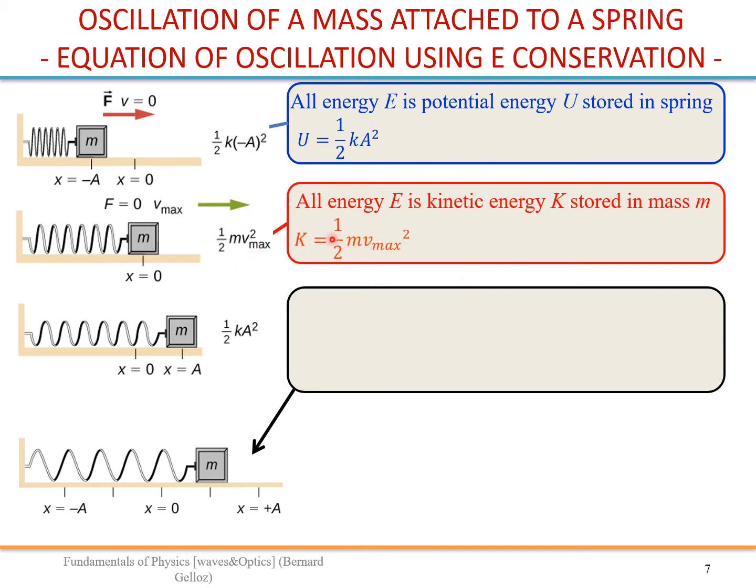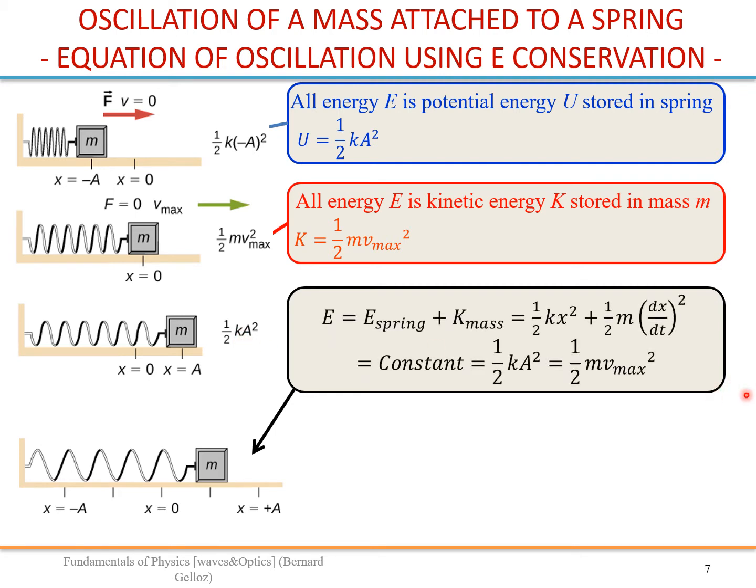So this is all the energy of the system in this state. When it is at the extreme, at x equal a, we again have only potential energy, and it is equal to half k a squared.